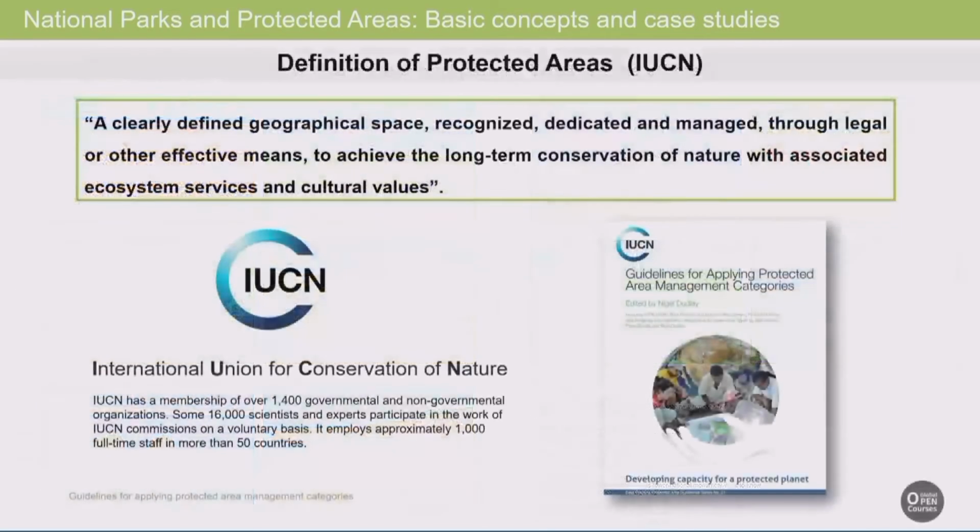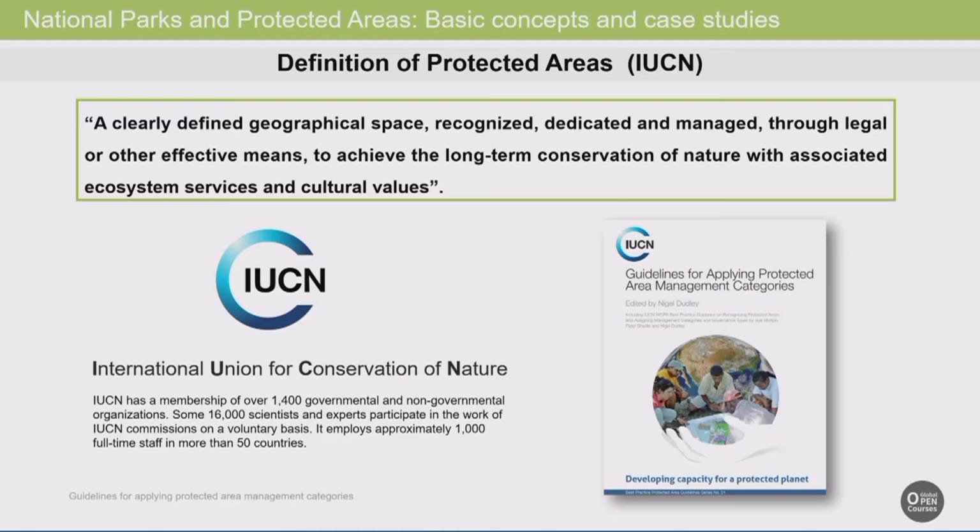So let's look at the definition that the International Union for Conservation of Nature proposed for a protected area. It is a clearly defined geographical space, recognized, dedicated, and managed through legal or other effective means to achieve the long-term conservation of nature with associated ecosystem services and cultural values.